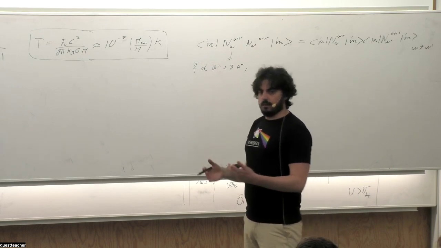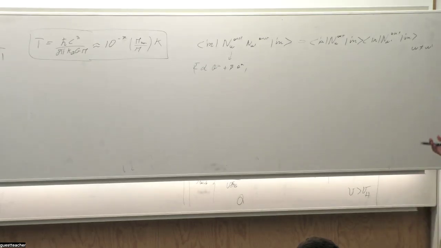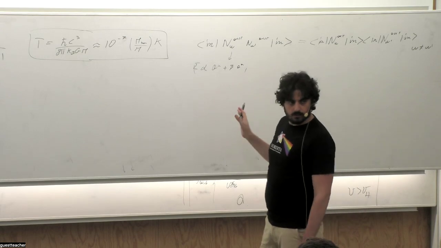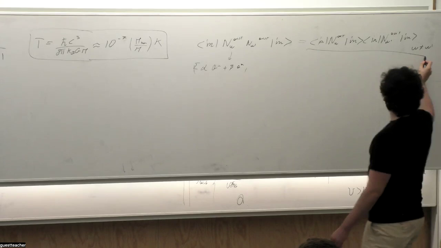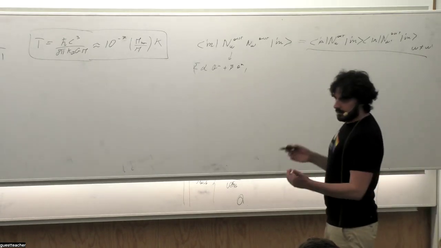Then you will need to rearrange them using the commutation relation, and perform some integral very similar to the one that we computed now. If you do that, you obtain this result. We are not going to do that, but the first step is very simple.